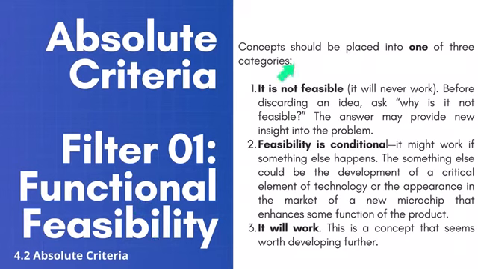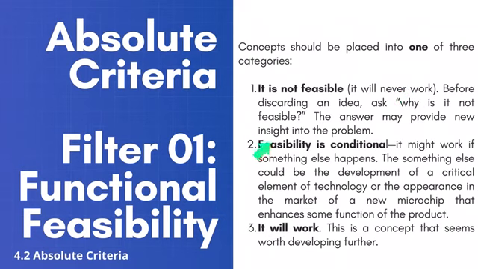The concept that we want to assess for functional feasibility should be placed into one of the 3 categories. The first one, the concept is not feasible, where the concept will never work.